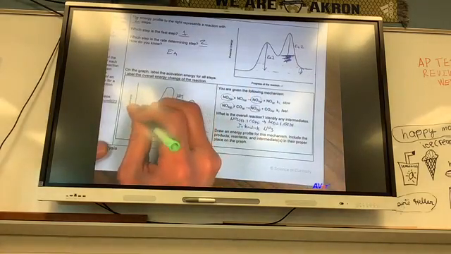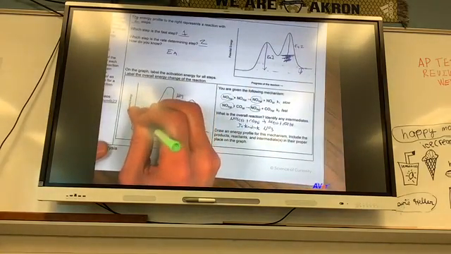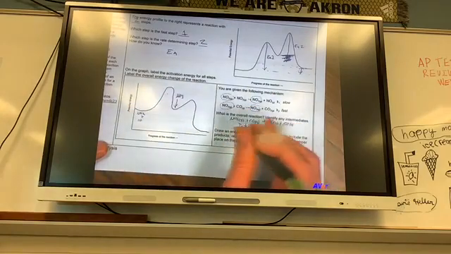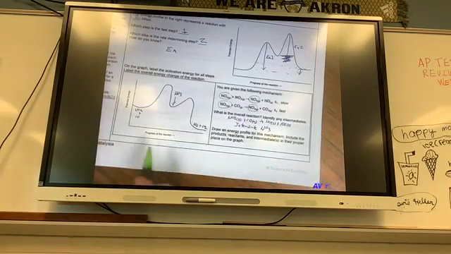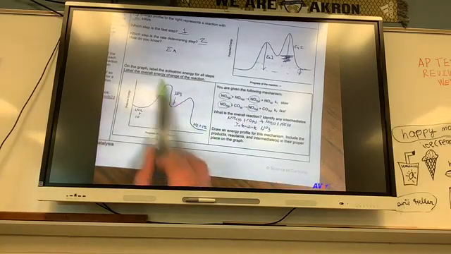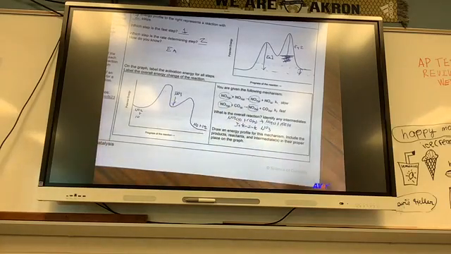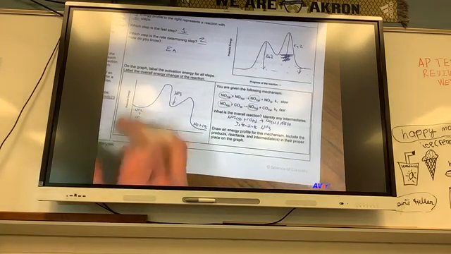So this is going to be NO2 plus CO. And down here I'm going to have my NO plus CO2. So there's my intermediate. Comes back down, immediately used up. Okay, sweet. That was easy.